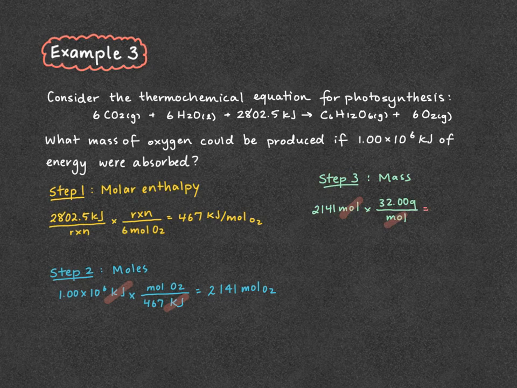So 2,141 times 32 gives us 68,522 grams, which we can divide by 1,000 to get into kilograms. We're going to have 3 sig digs, so 68.5 kilograms of oxygen would be produced with that amount of energy.